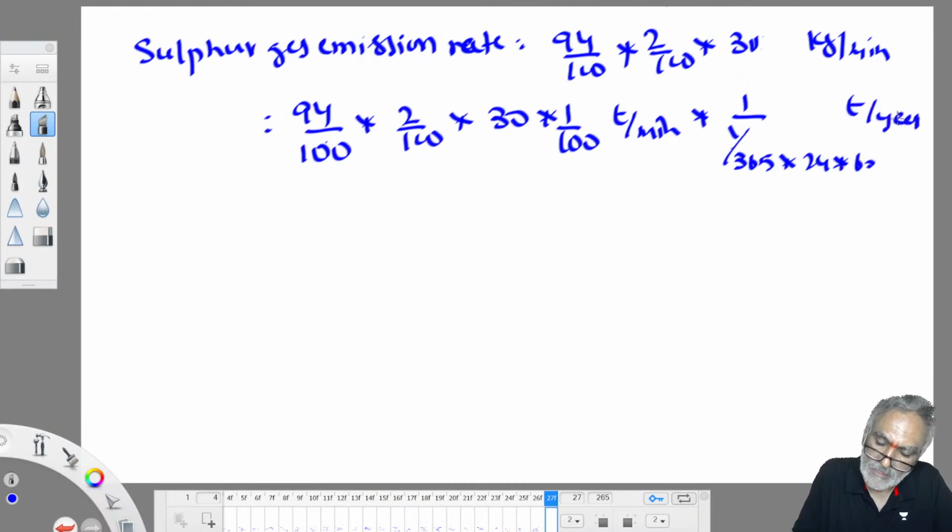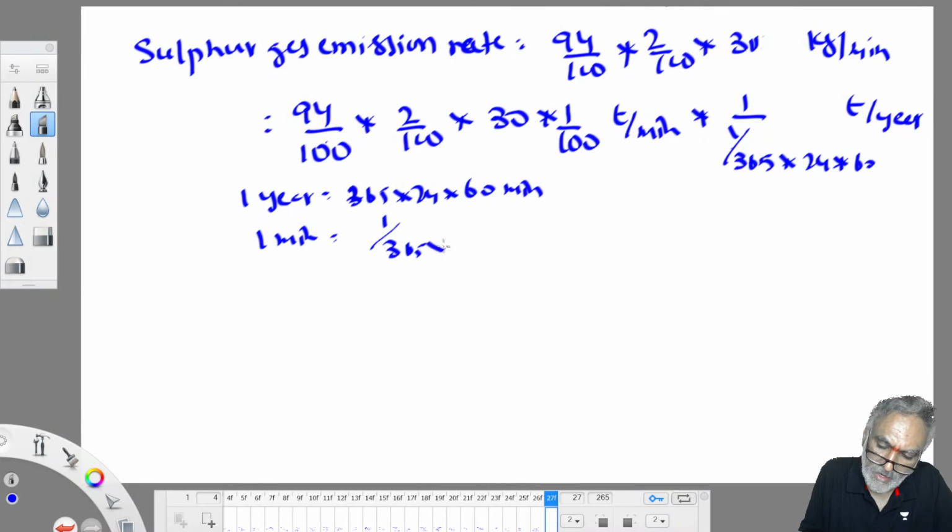This is tons per year. 1 year is equal to 365 into 24 into 60 minutes. Therefore 1 minute is equal to 1 by 365 into 24 into 60 years. Understood? That's how we converted.